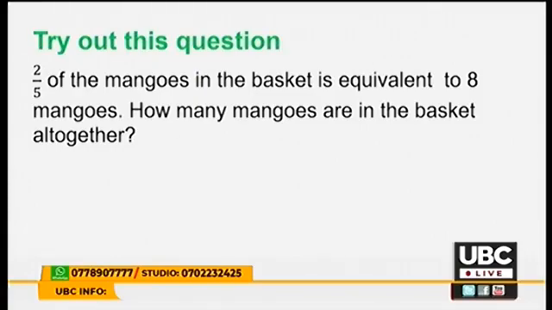So dear viewers, we have got now 5 parts, but 2 parts are equal to 8 mangoes. What does that mean? It means that we are going to divide the 8 mangoes by 2, and we shall get 4. Each part is equal to 4.